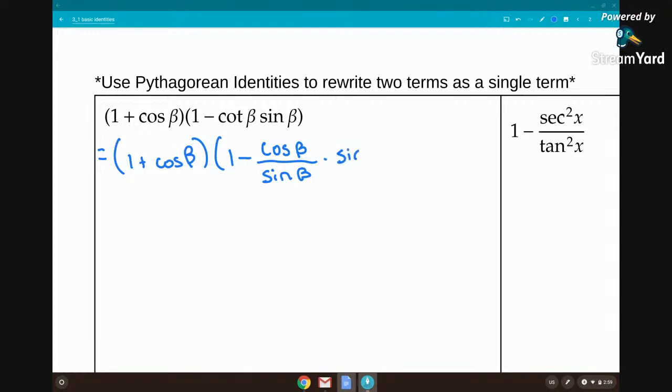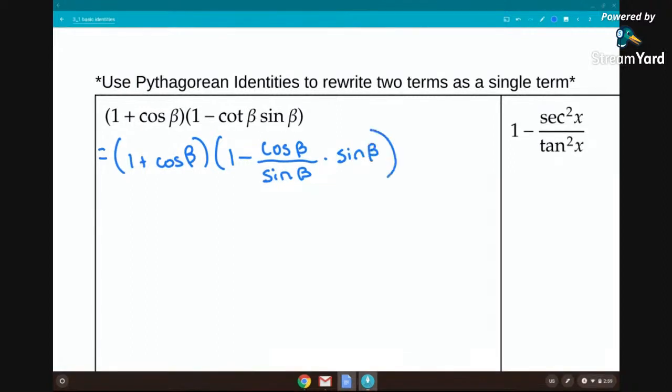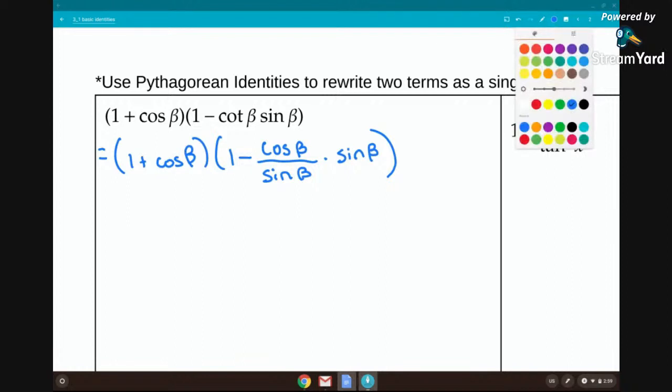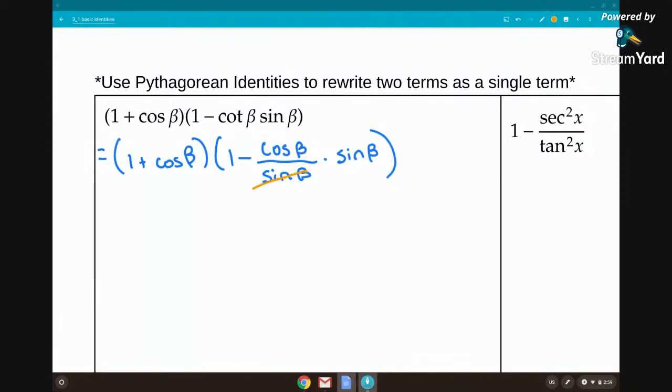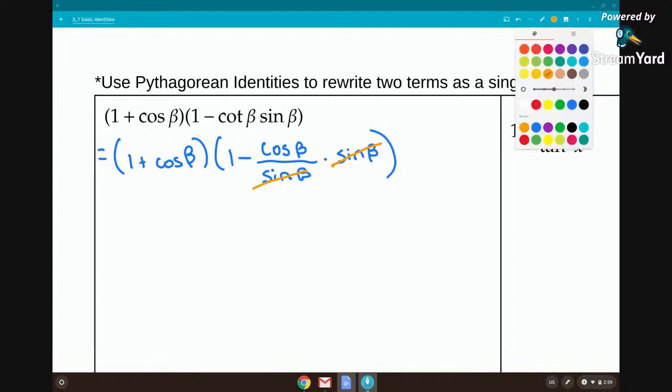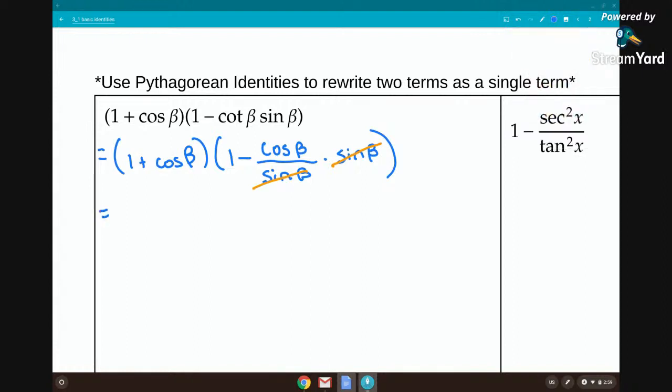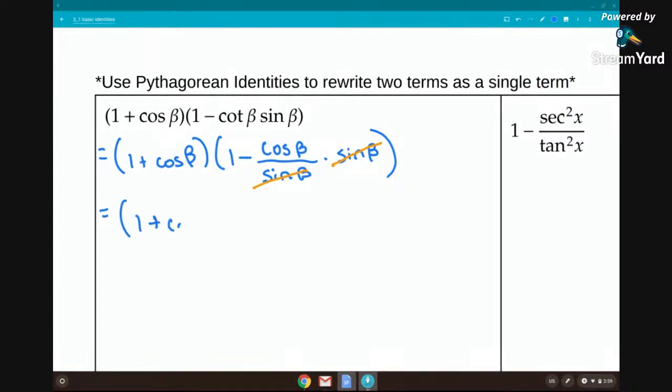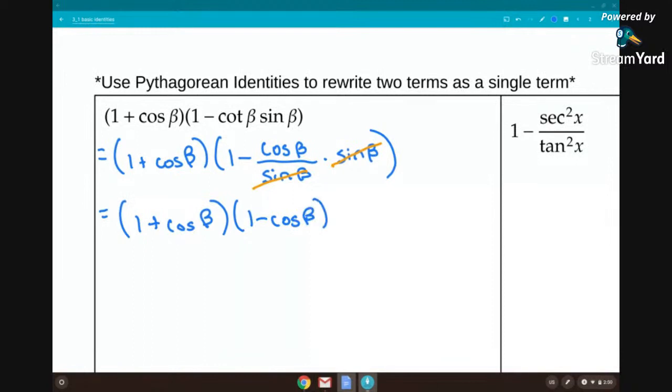And we also have this sine beta. All right. So immediately I can simplify, and I notice that I now have two binomials which make a difference of squares.